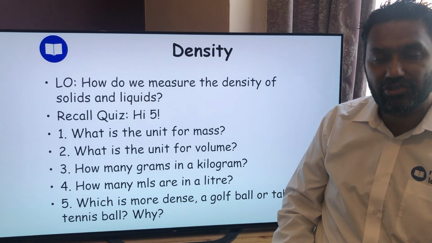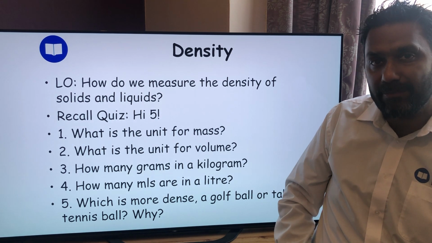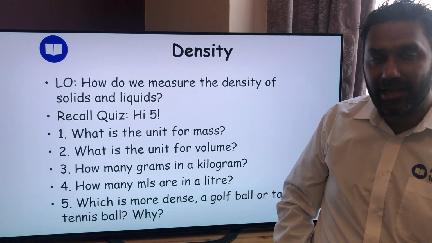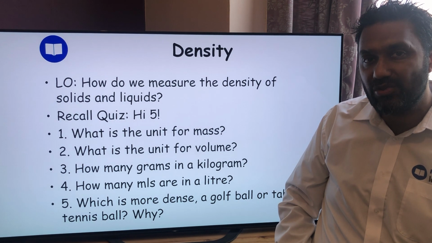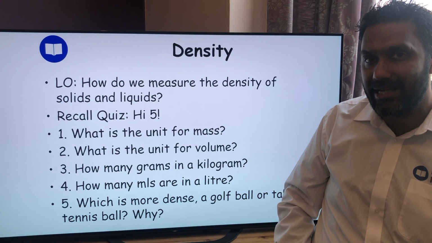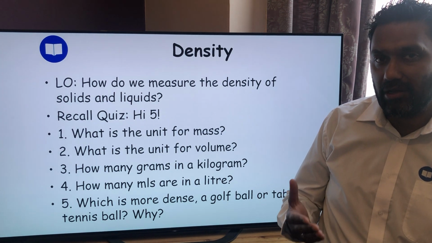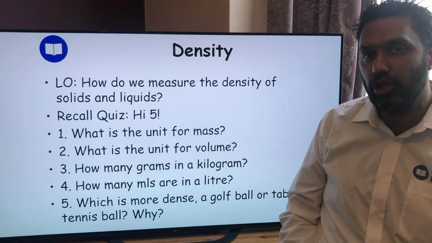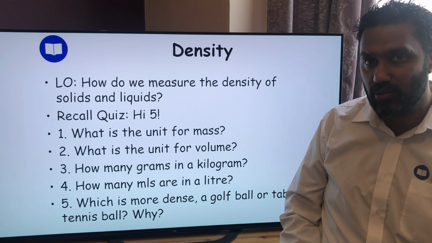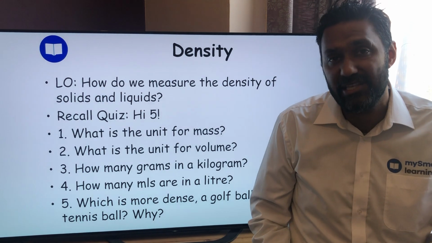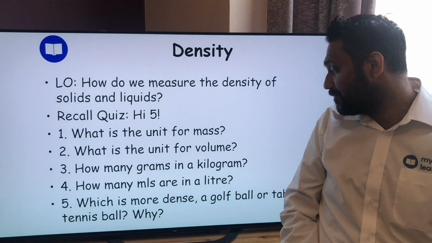That should be easy because you should do that in primary school. That's 1,000 grams per kilogram. How many milliliters are in a litre? Again, that should be straightforward. It should be 1,000 milliliters in 1 litre, which is the same as 1,000 centimeters cubed in 1 litre as well. Another way of saying a litre is a decimeters cubed, dm cubed.